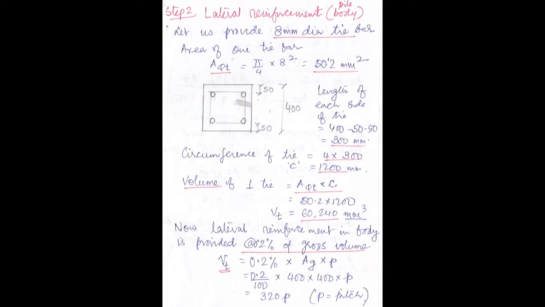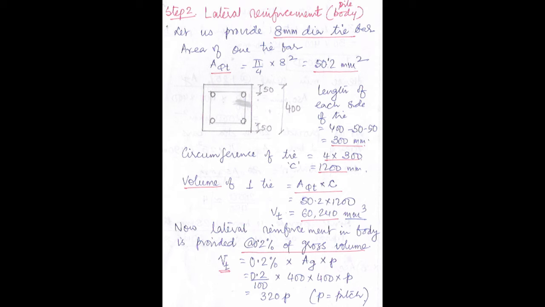So now let us look at the circumference part, because that was not clear over there when you were noting down the design steps. See, look at the diagram. I have drawn the diagram, 400 by 400 pile dimension I have drawn. Here I have shown 4 bars.